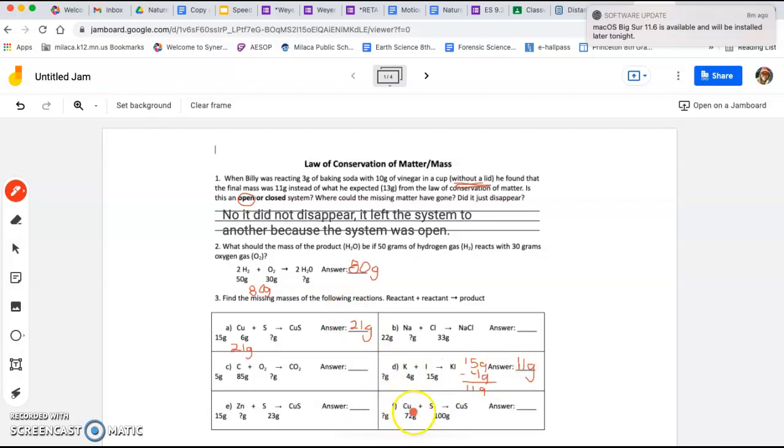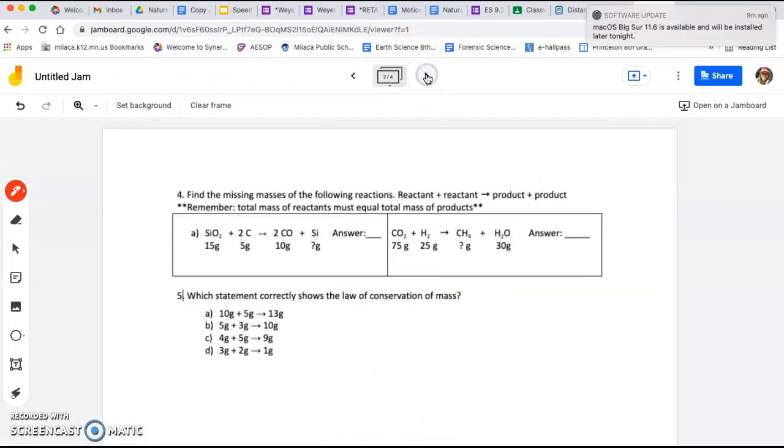If we're missing from the left side, I'm going to have to subtract the left from the right. If I'm missing from the right side, I simply just add the left side up, and that will give my answer. Okay, so I trust that you can do C, E, B, and F now. All right, and if you need to use a calculator, you most definitely can.